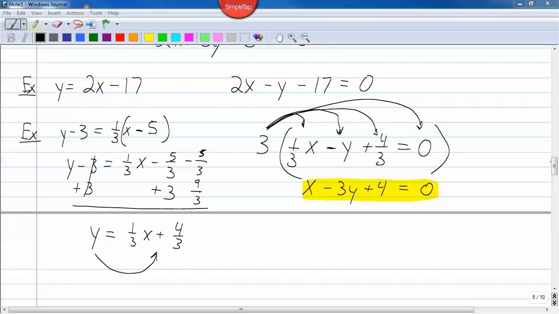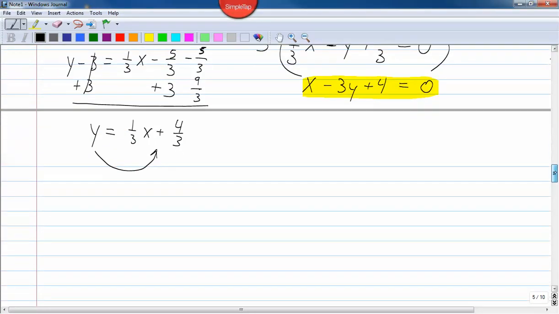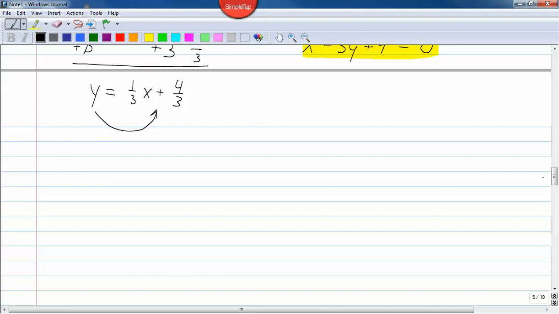So you may be wondering, why would you ever want an equation in general form? Why not just have the equation in slope-intercept form? Slope-intercept form, to me, is probably the best form.